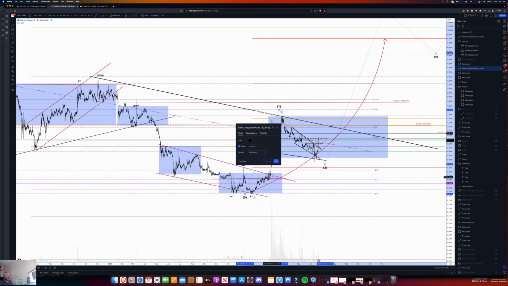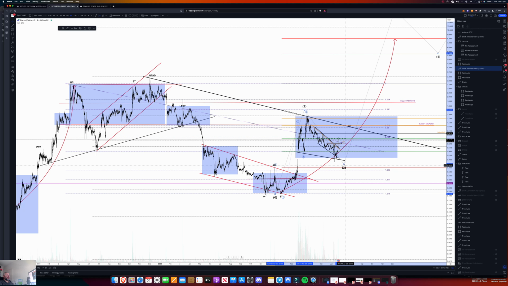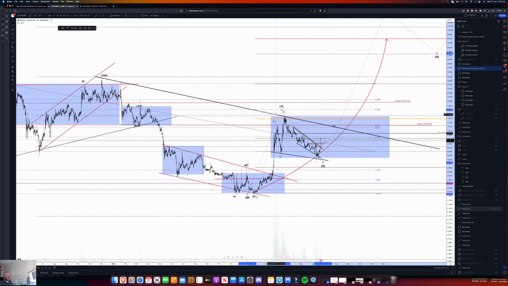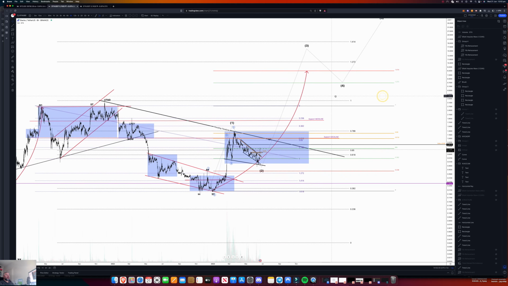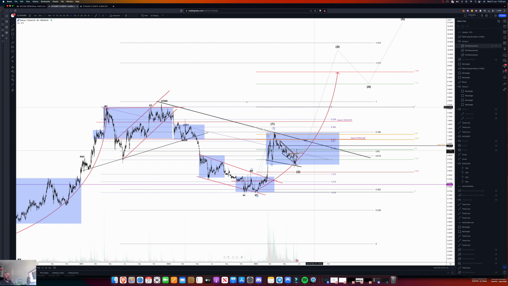I'll make it bigger. I dare say that this is a 1, 2. 1, 2, and the bull run. Now, what do I have here? If I'm right, I can put that as 1.